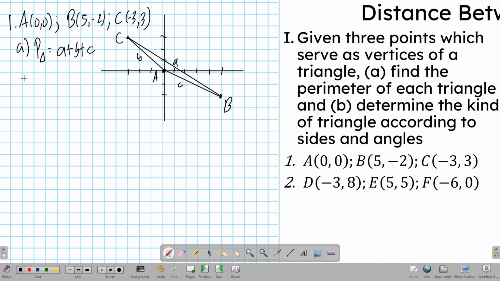So, first, to find side A, which is actually segment BC, hindi naman vertically or horizontally aligned kasi magkaiba ang abscissa at ordinates ng B and C. We need to use the distance formula.